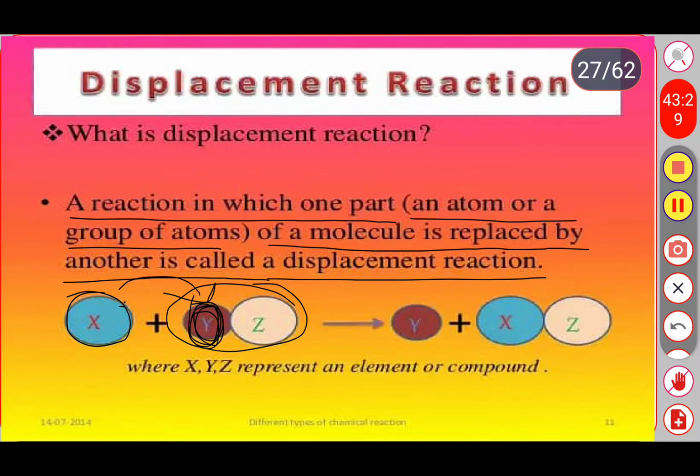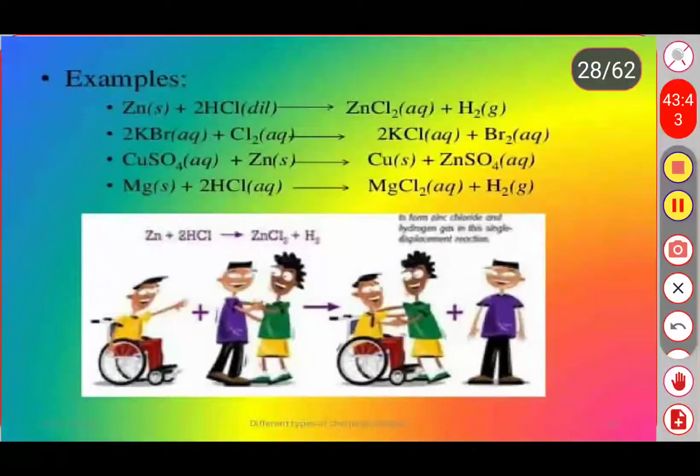see some examples. When zinc is combined with hydrochloric acid, that is HCl, Zn plus 2HCl. Here zinc is a highly reactive metal when we compare it with hydrogen.